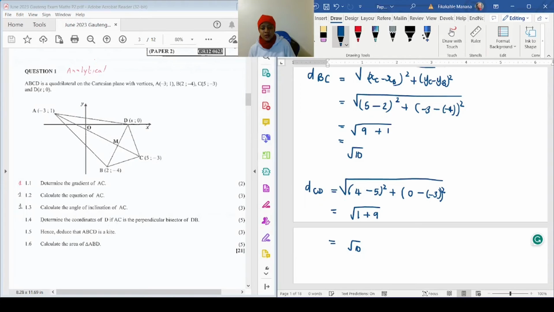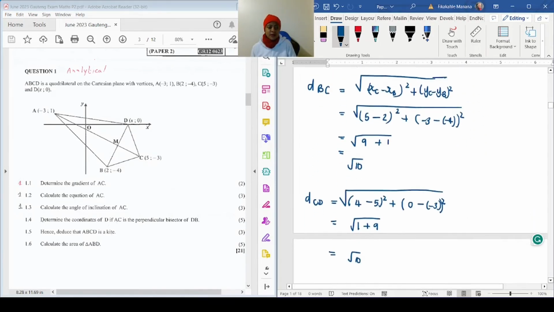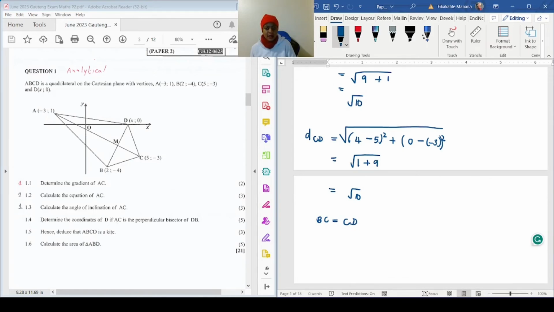So length BC is equal to CD. All right, so we have that the sides are equal, those ones it was given that they're equal, and also you have a perpendicular 90-degree angle over there. So we can safely conclude that ABCD is a kite.